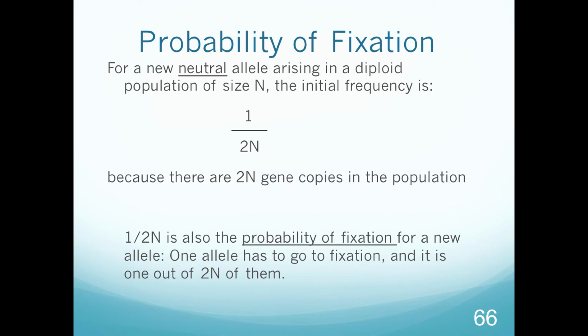So any allele that's in the population also has a 1 out of 2n chance of going to fixation. So when it's brand new, there's only one copy of it in the population, and its probability of going to fixation is the same as all the others, assuming neutrality. Therefore its probability of going to fixation is 1 out of 2n, just like its initial frequency.